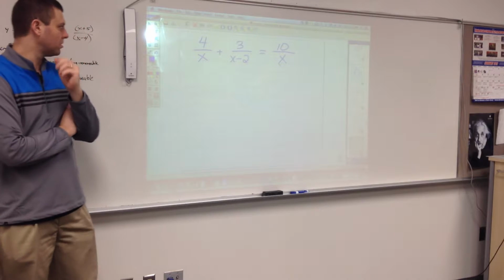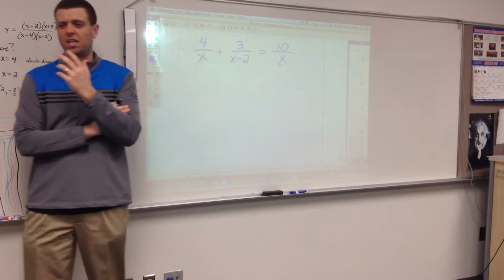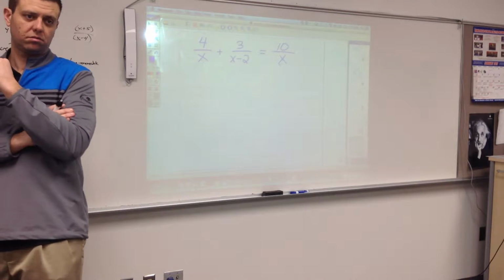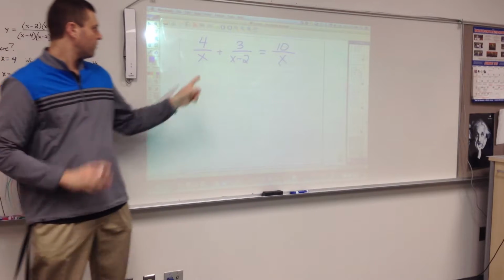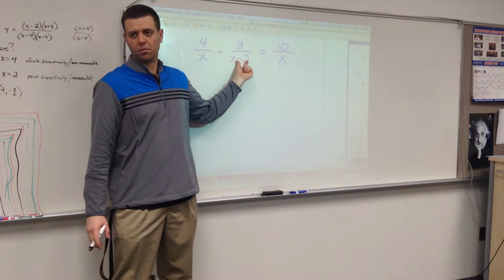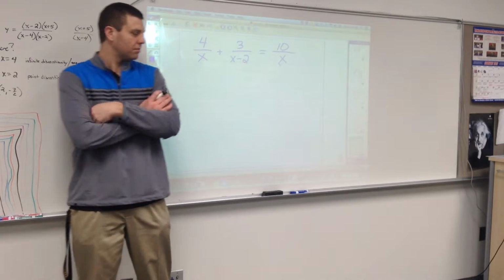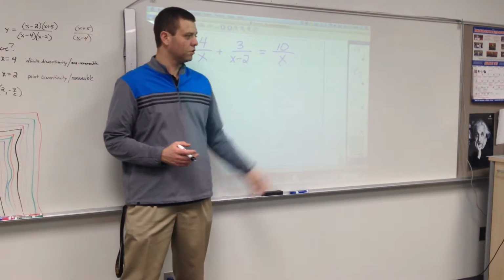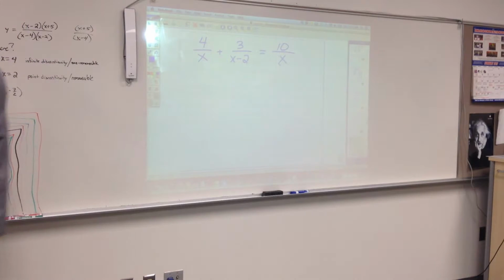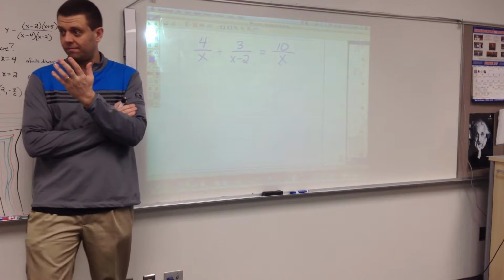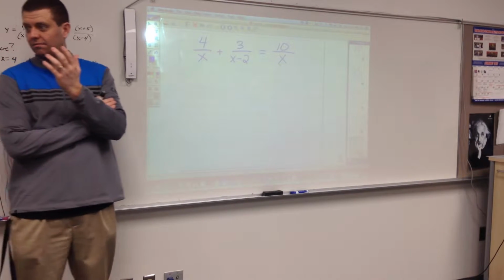Let me throw out an example. Let's say x was 7, for instance. If this was 7, then this denominator would be 5, and that denominator would be 7. So if this was 7, this was 5, this was 7, what would be your least common denominator? 35? How'd you get that? 7 times 5, right?